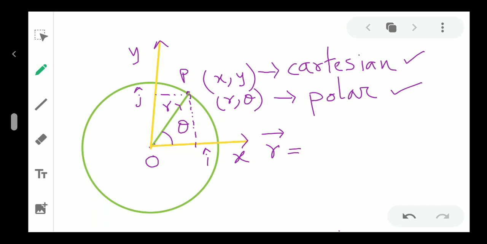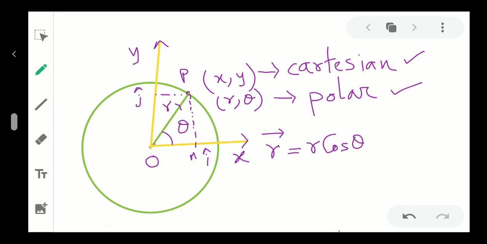Instead of writing r, I can write r as the combination of the portion along the x-axis, for this triangle OPM. For OPM you can use your trigonometry, and you can easily write that OM is the contribution of r along the x-axis, and that is r cos theta.